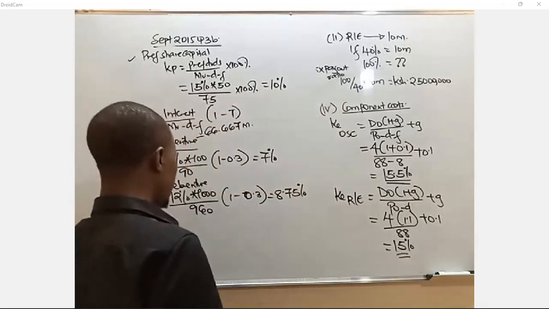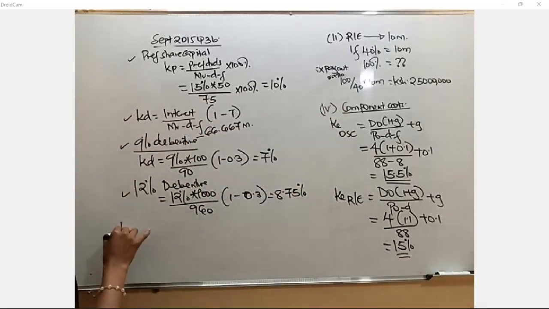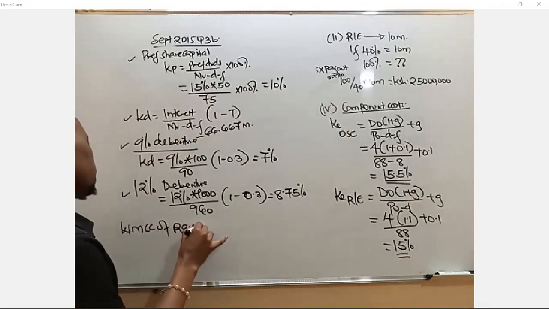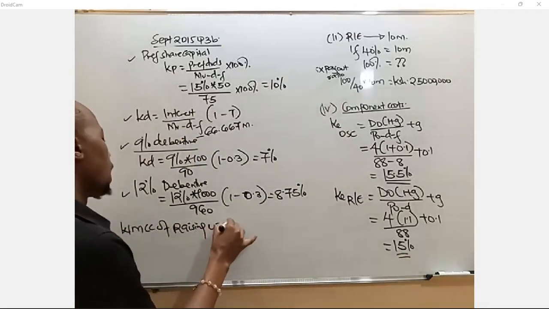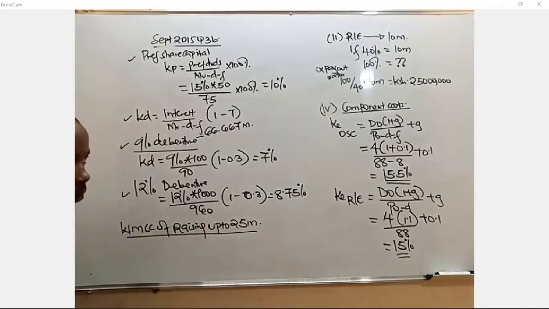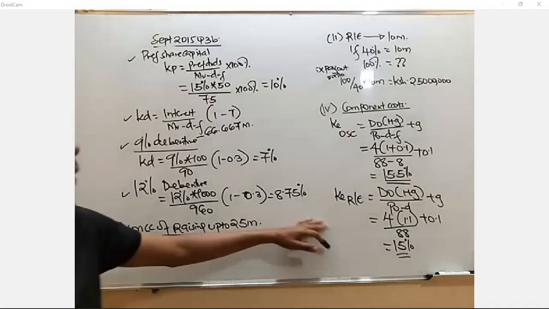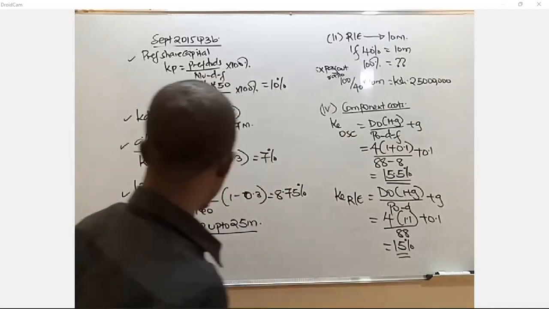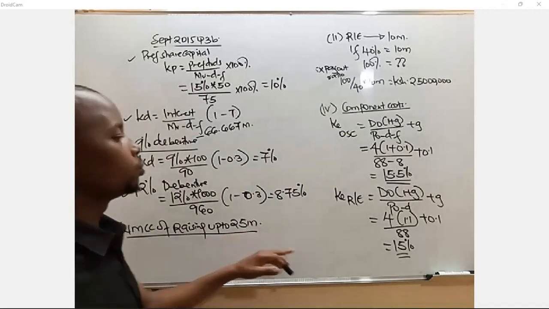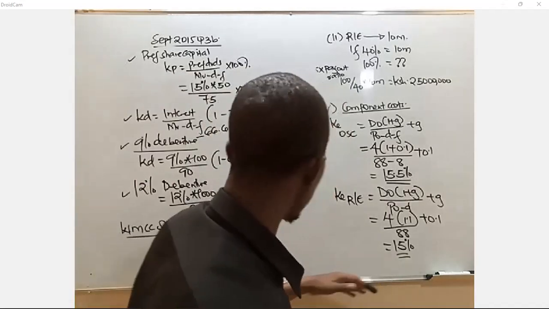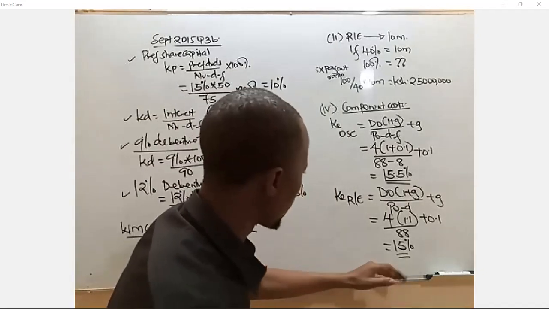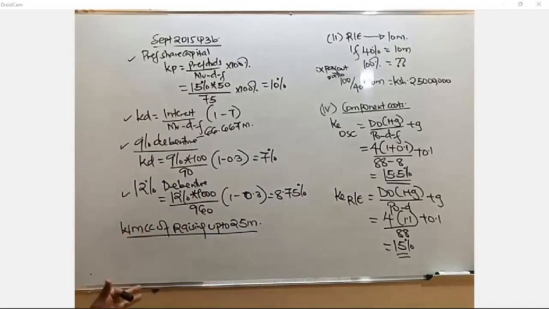It will be the same if I do the WMCC of raising up to 25 million, because it will be the same even if you raise the 20 million, because the cheapest source of our finance is 15. If you raise the 20 million, you are just using the retained earnings. When you raise the 25 million, you can also use 15%. There is no change in your WMCC.